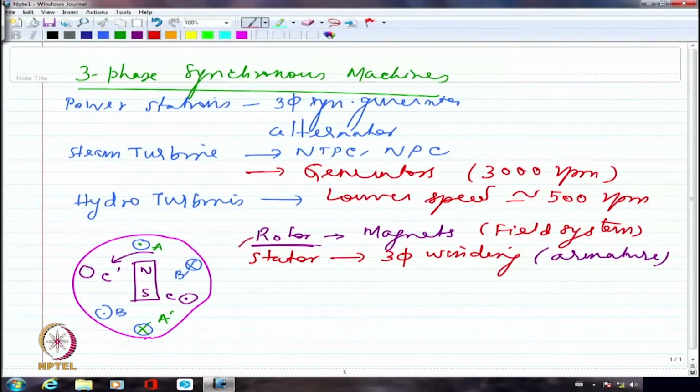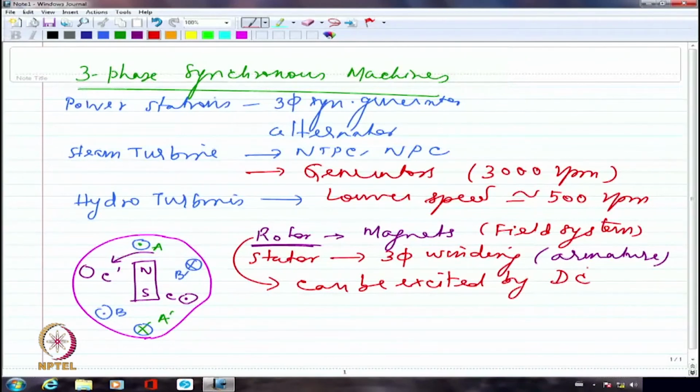So what I can say, even without really going into great analysis, is the rotor can be excited by DC. Even if I excite this by DC, I would create a north pole and south pole, and a constant value of flux will be created because of these two poles.